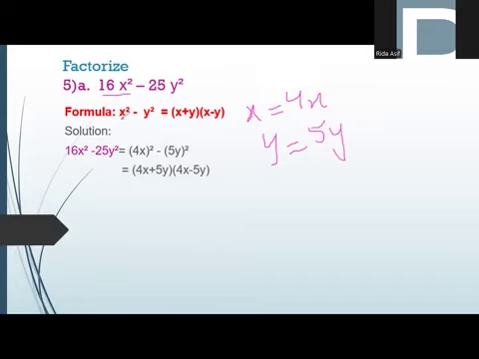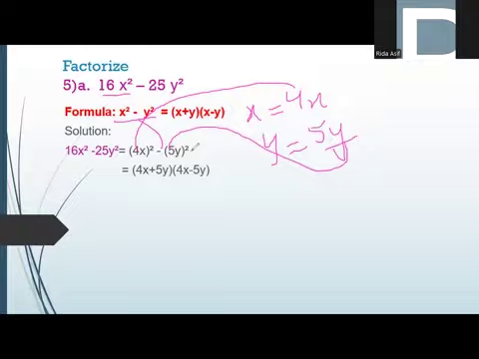So by comparing the left hand side of the formula with our question, for x square, just put the x, 4x whole square, minus sign from the formula, and what about y square? Our y is 5y, just put the brackets and square over here. Students, avoid this kind of mistake: if you are doing the first step, you are writing that 16x square is a square of 4x square. It's wrong.